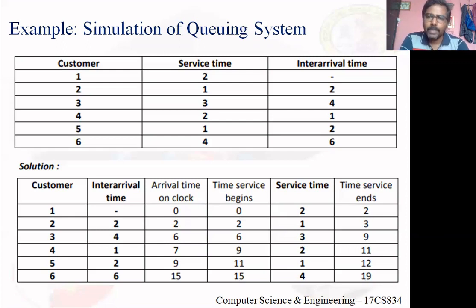Clear with this? So all of you got it, right? Clear with the inputs. This is a very simple, basic problem. Once you're clear with this, you're able to solve all future problems which we will discuss. Got it? So what I said, now I'm simulating for a queuing system.